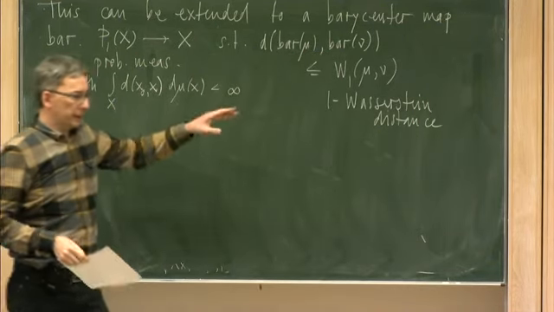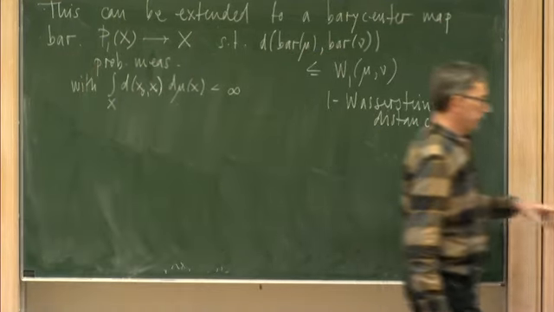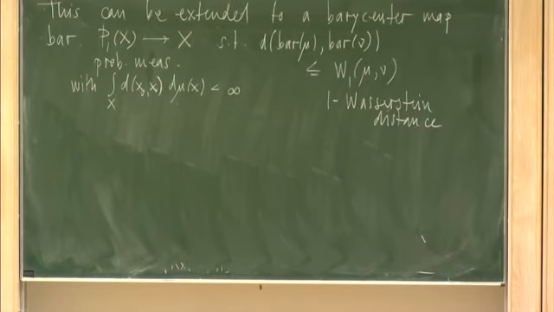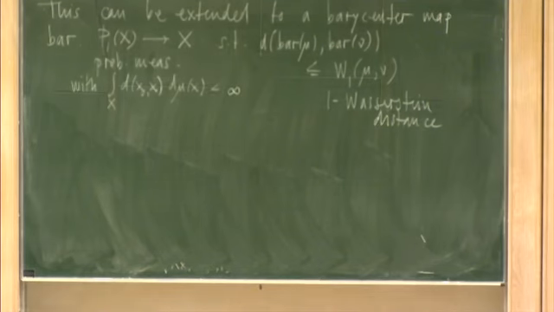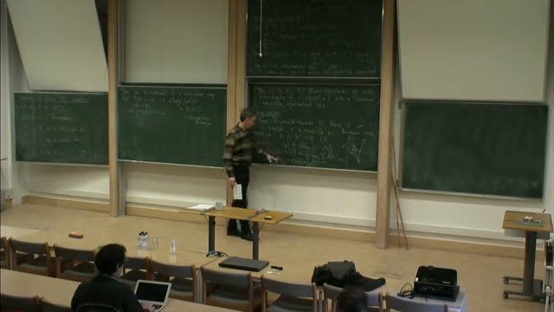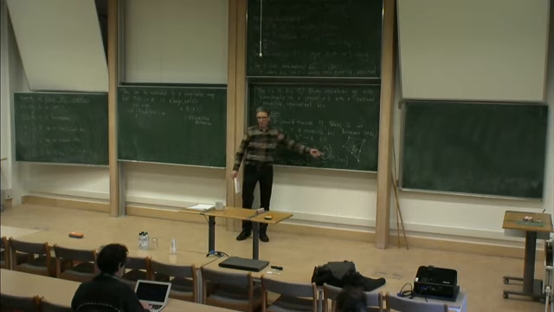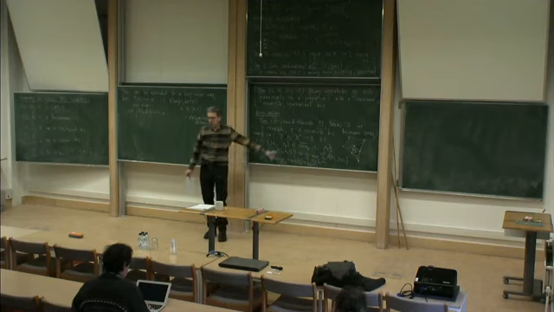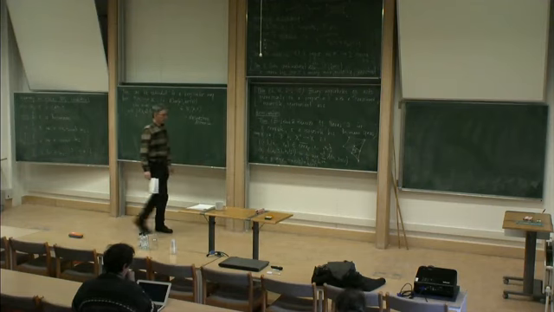I'm not going to explain this, but for finitely many points, it's exactly what you have here. That's actually the first Wasserstein distance of the corresponding probability measures. So you take 1 over n times the sum of the Dirac measures at these n points. Then this will be the first Wasserstein distance.